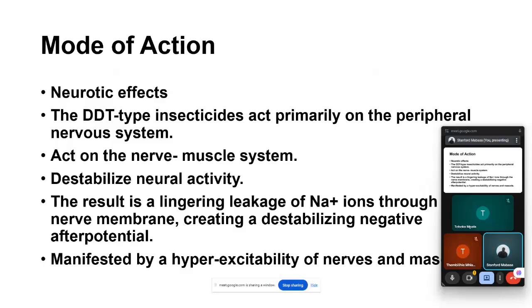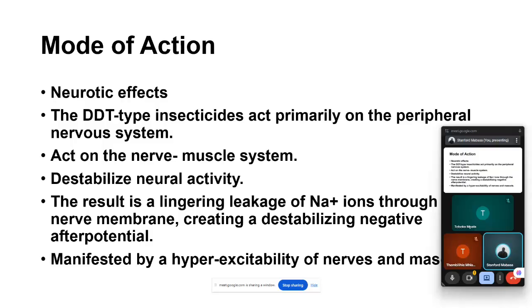Now, the organochlorines, they affect the nervous system, but these ones affect the movement of potassium and sodium within the nervous system, and it is the movement of sodium and potassium which create some charges inside the nerve and outside the nerve.